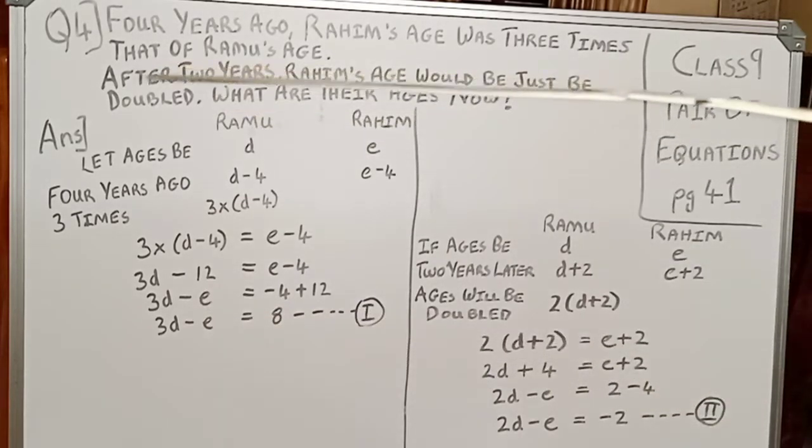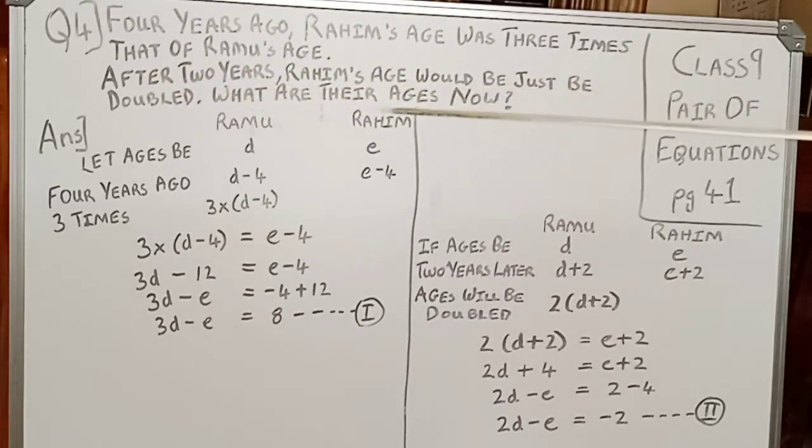Now if you read the second line, after 2 years Rahim's age would be just doubled. So you have to write down, if the age of Ramu is D and Rahim is E, 2 years later means Ramu's age would be D plus 2 and Rahim's age would be E plus 2.